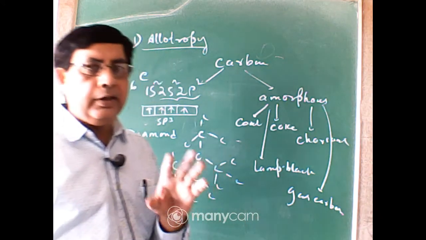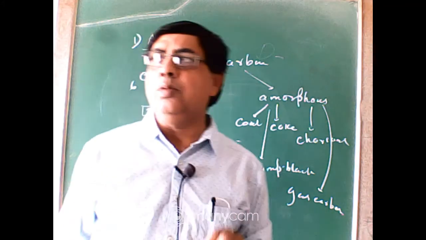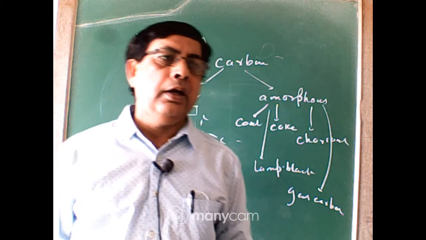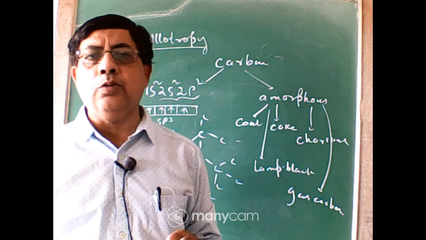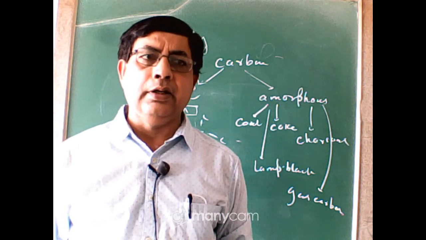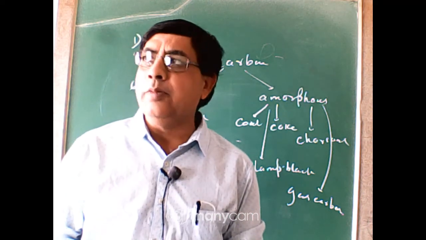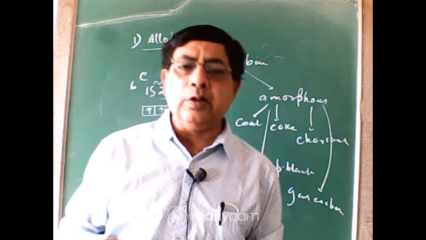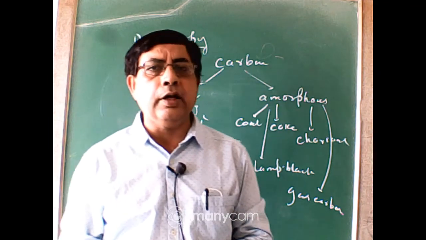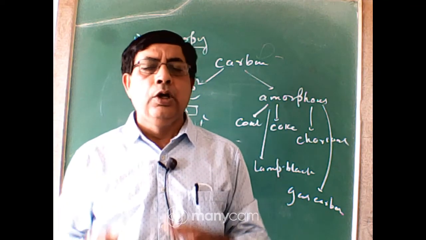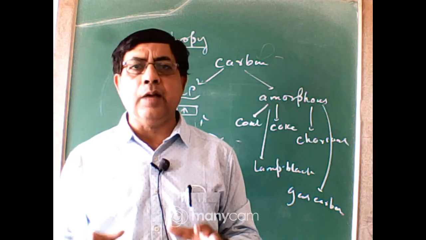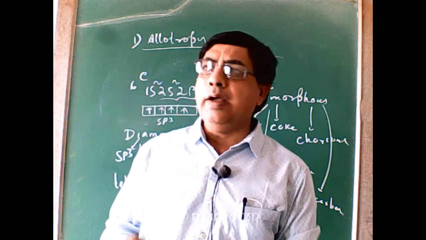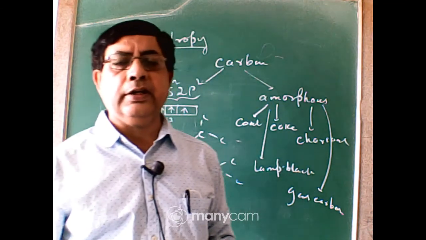These are two very important questions you must remember. Number 1, why is diamond very hard? Due to the formation of a 3-dimensional network structure where each carbon atom is strongly covalently bonded with 4 neighboring carbon atoms. To break these bonds, a large amount of energy is needed, so diamond is very hard. Number 2, why is diamond a bad conductor of electricity?